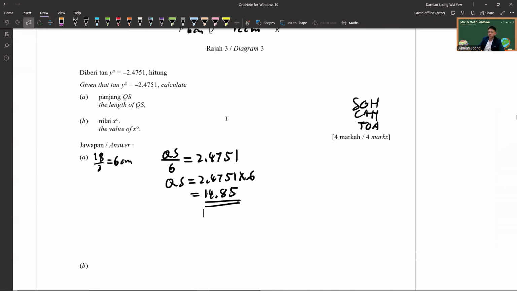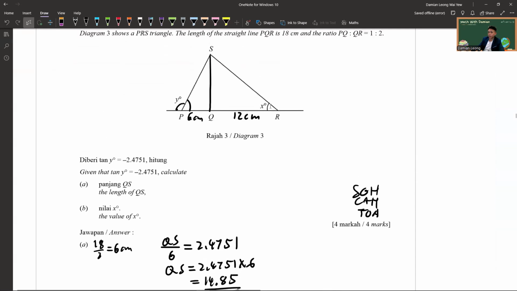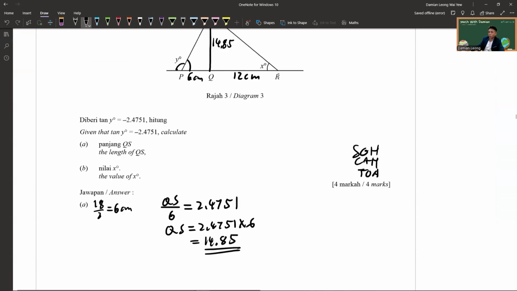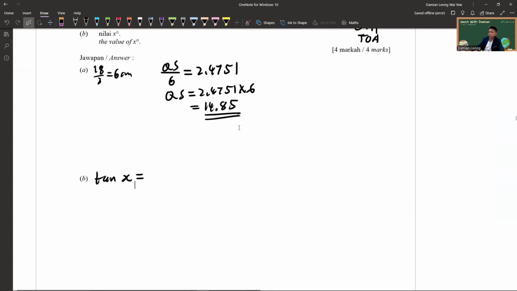Okay. Then part B, I want the value of x. So now I know here is 14.85, means I can relate tangent x equals opposite over adjacent, 14.85 over 12.